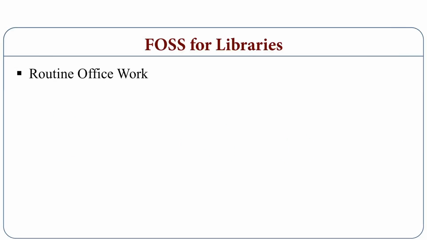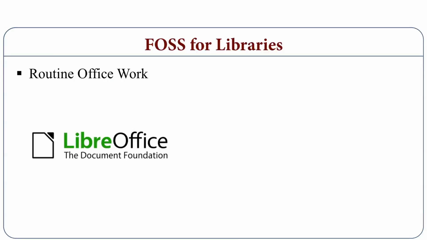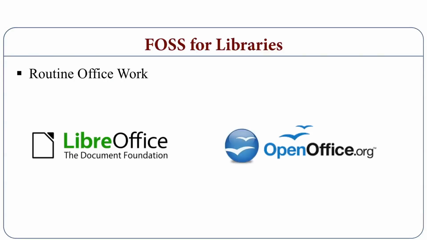For routine office work, generally we use Word or PowerPoint or Access database in libraries, which are proprietary. The free and open source alternatives for these are LibreOffice and OpenOffice.